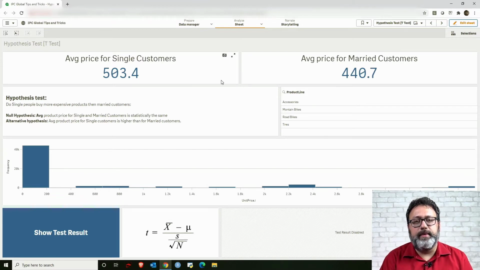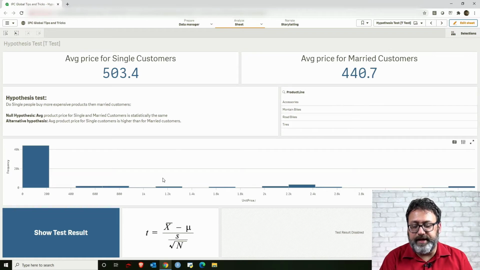But the question is, is this difference significant or is it due to chance? So my null hypothesis is that the difference is not significant. It is too small for us to make that claim. The alternative hypothesis is that the difference is big enough that we can then reject the null hypothesis.